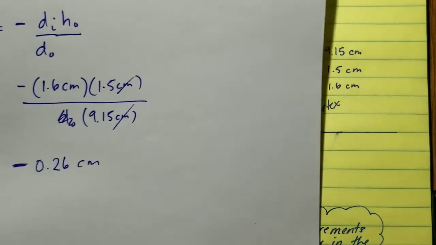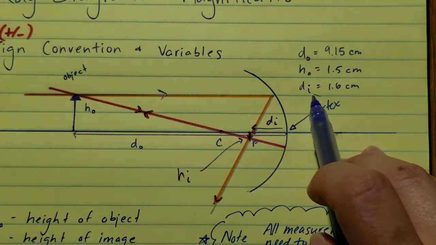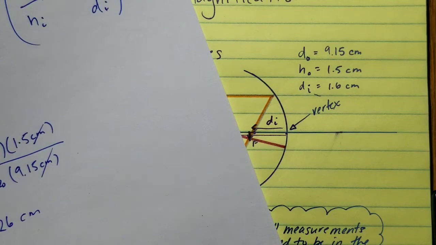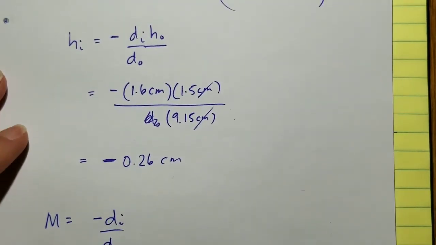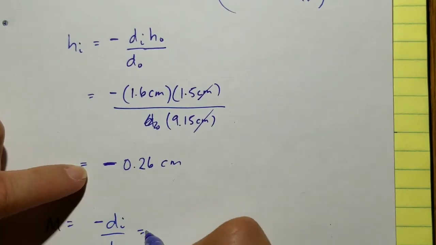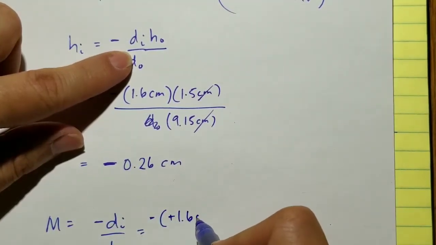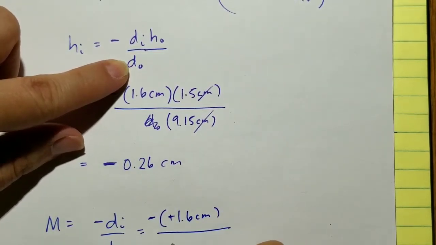Magnification, right, with the numbers that I was given, I have di and do, so let's use that, because then I'm not using a calculated value. So negative di, the negative's out there, it's 1.6 centimeters. So the negative is in the equation. And I have to divide by do.